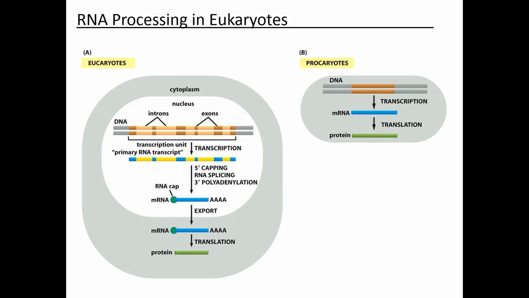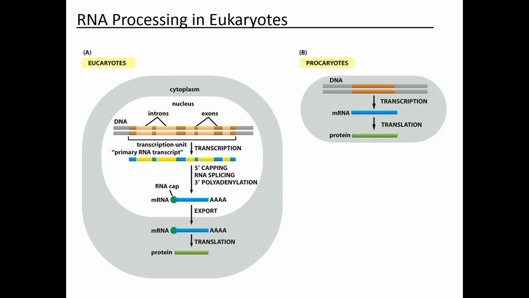One thing that has to happen in RNA processing is you have to remove these yellow introns. In this picture, the blue segments are your exons, and the yellow segments are your introns. So you have to cut out the introns and paste together the exons.